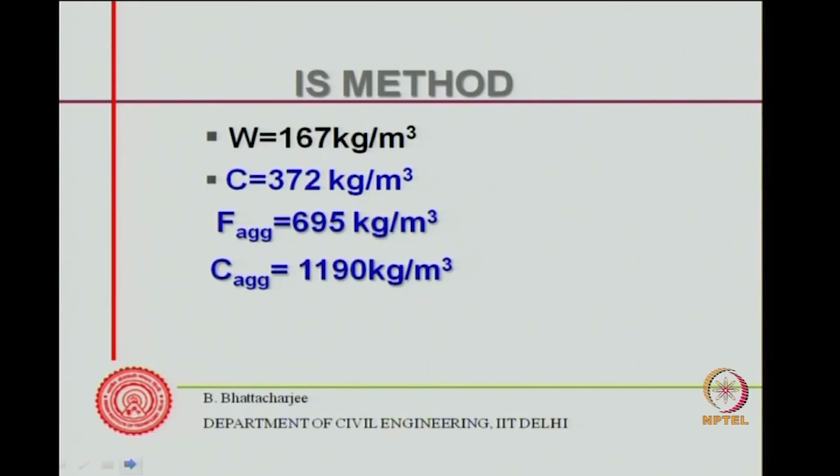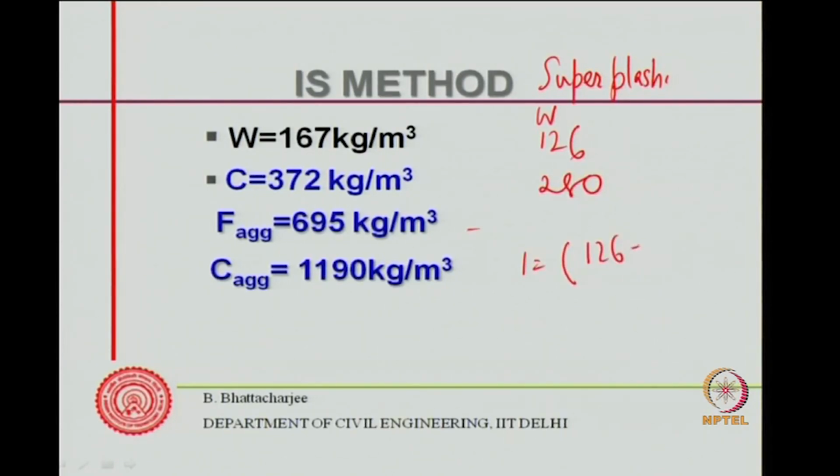Now, if I was using fly ash or superplasticizer, then W will become 126, this will become 280, and correspondingly you can find out from this formula: 1 is equal to 126 plus 280 divided by 3.15 plus FAGG divided by (1 minus 0.64) into 2.7.